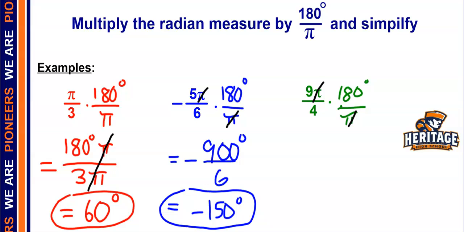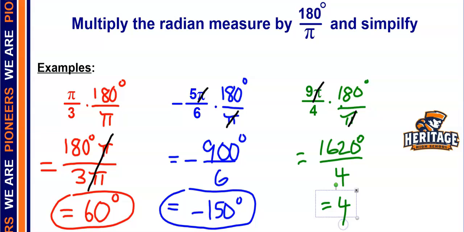And you say, oh man, that's a really big number. 1620, all divided by 4. Thankfully, this one is also perfectly divisible. So our final answer is going to be 405 degrees. And that's our final answer.